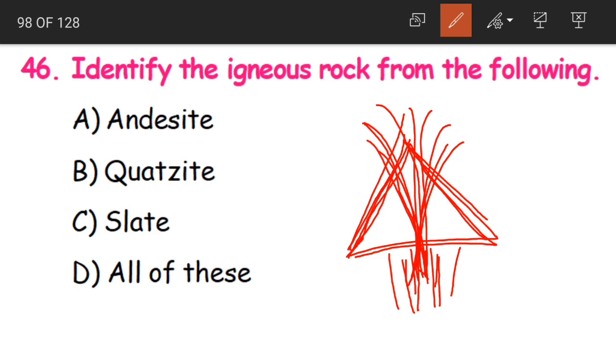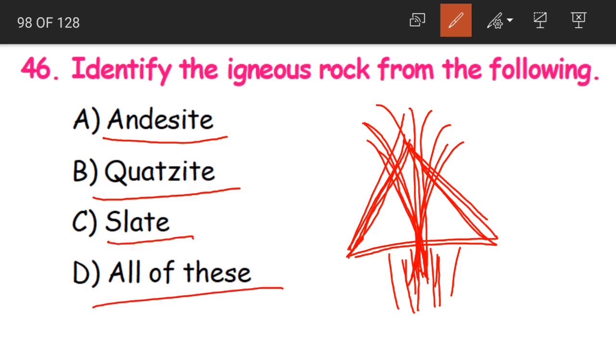So here we have to identify the igneous rock from the following. That is andesite, quartzite, slate and all of these. And here the answer is D, children. Andesite, quartzite, slate, all are igneous rocks only. Okay, so these rocks are formed from cooling and solidification of magma or lava.